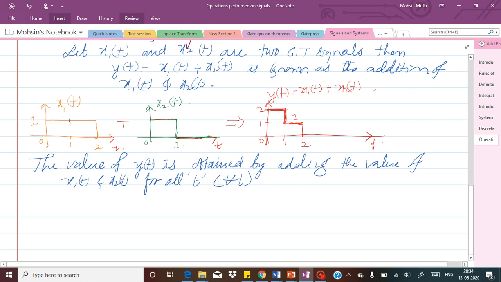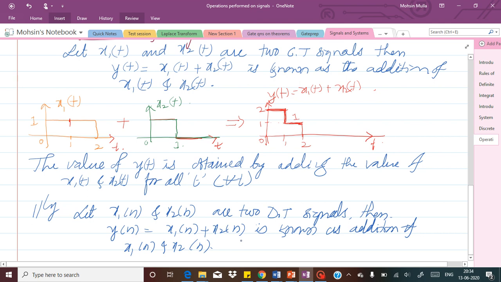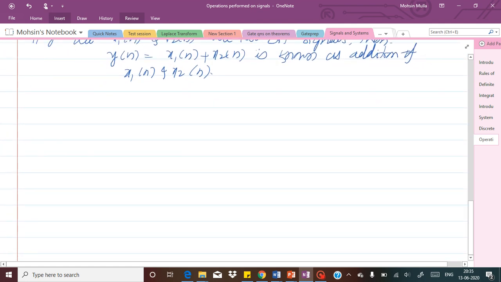Similarly, let x1 of n and x2 of n be two DT signals, then y of n is equal to x1 of n plus x2 of n, which is known as addition of signals. So this is about the addition operation.